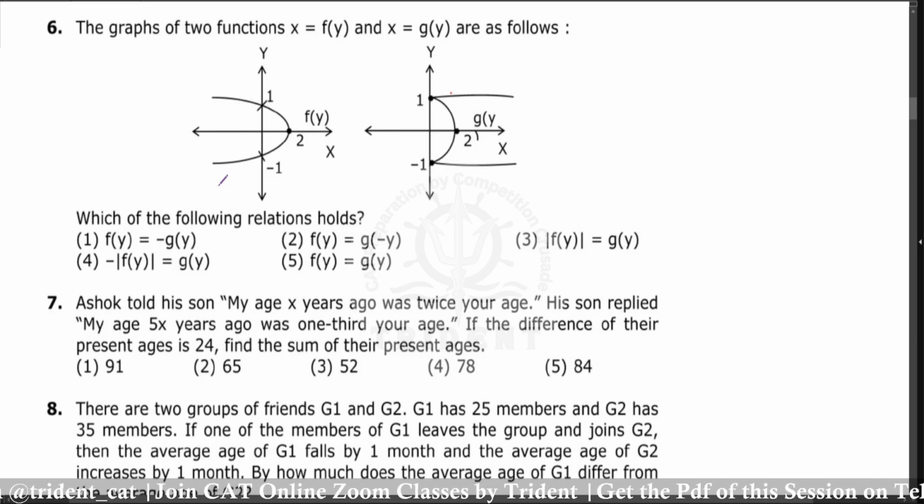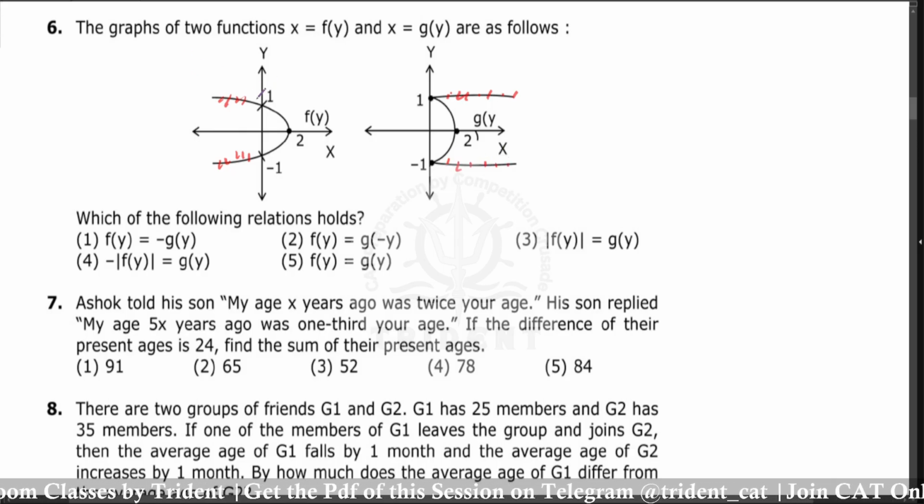You have to understand two things. Observe, in the function x equal to f of y and in the function x equal to g of y, just the magnitude remains same, but the signs have been changed.